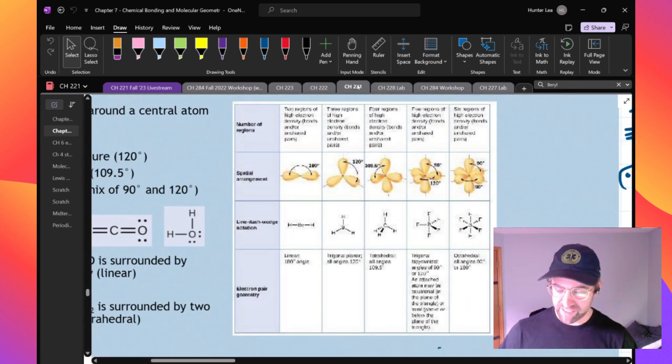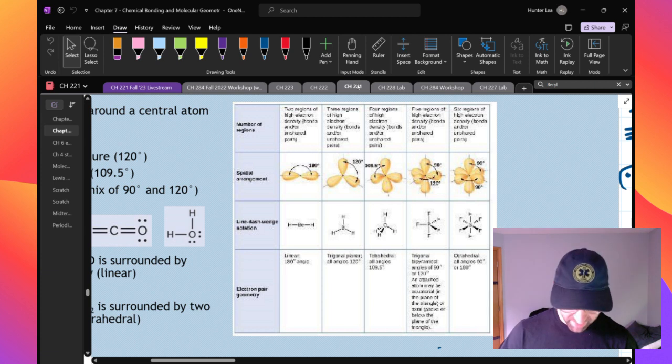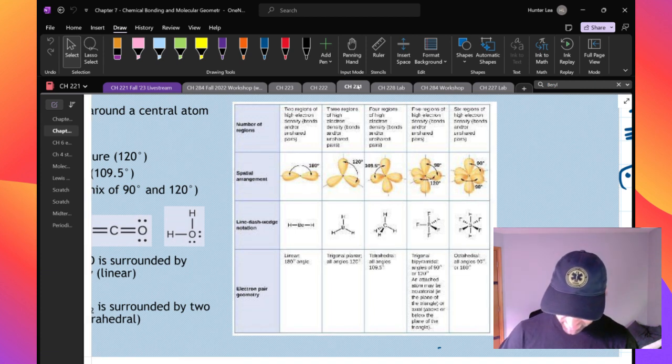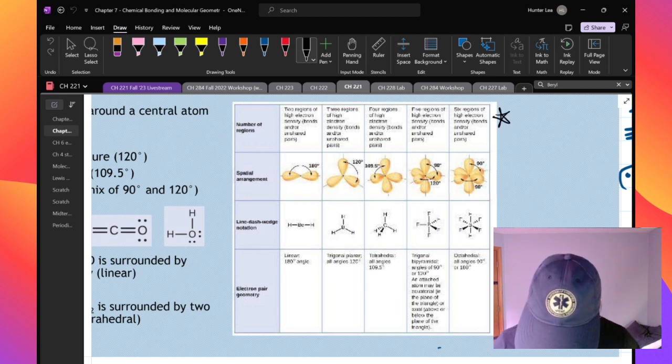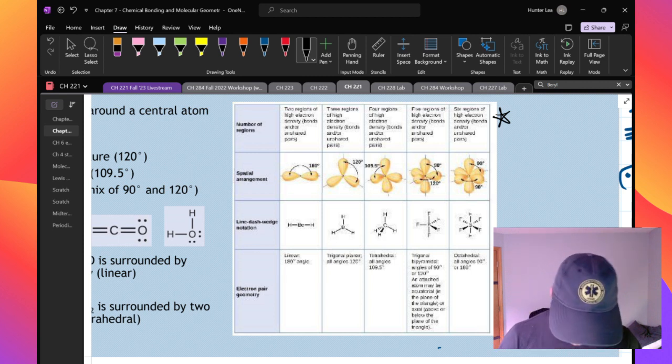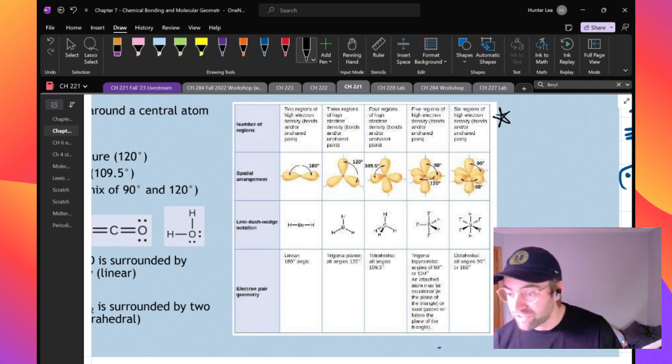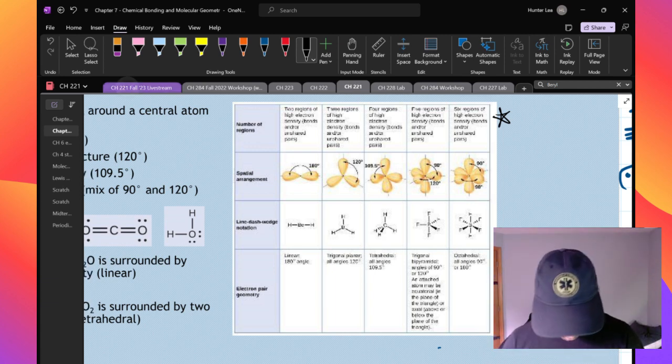Around the sulfur, we have 6 regions of electron density participating in bonding. For 6 regions of electron density, we would have an electron pair geometry of octahedral, where all angles are, I think that says 90 or 100 degrees. It's kind of hard to read.